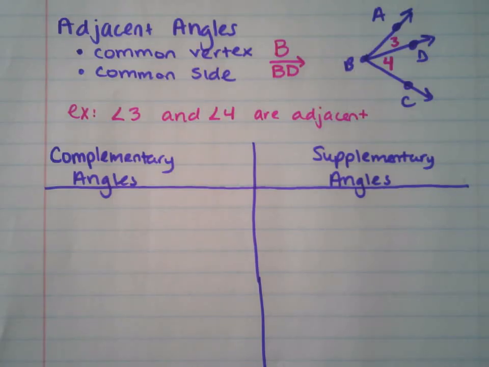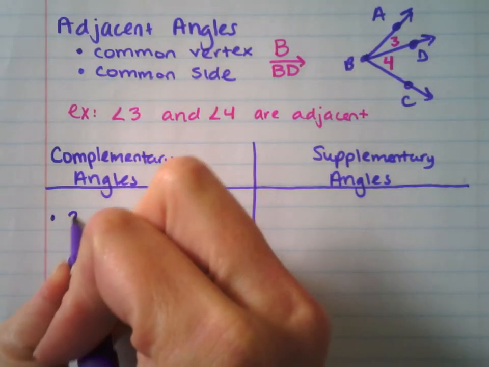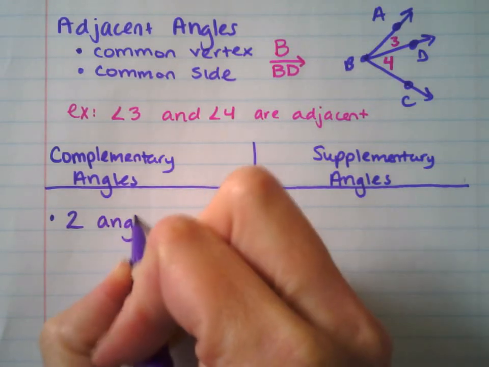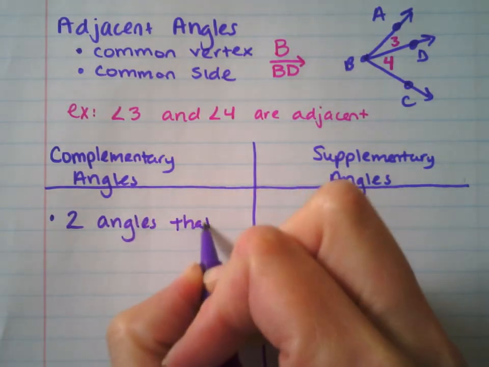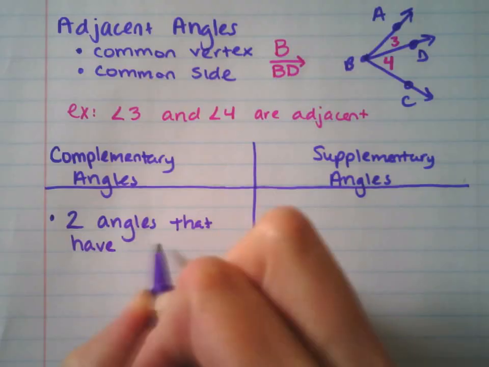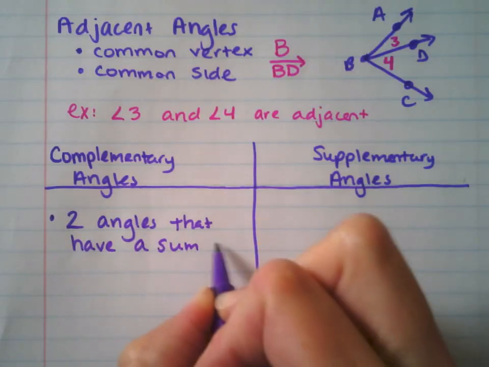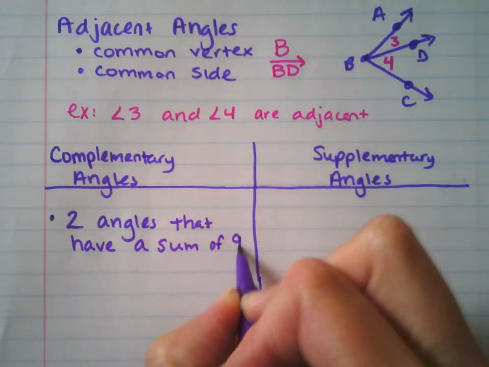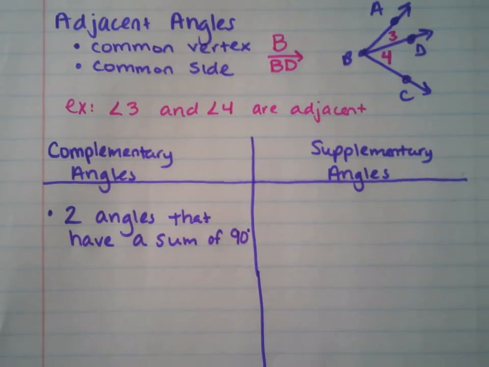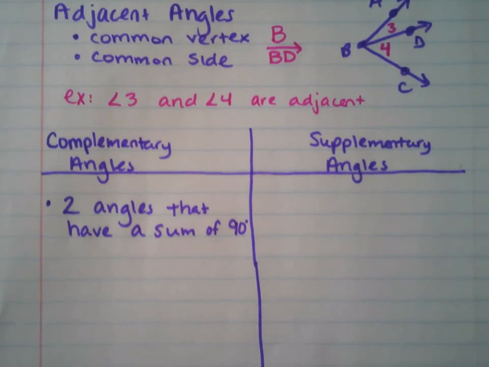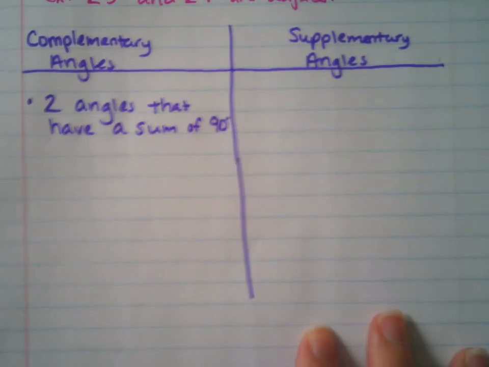So let's say that using some math terms, right? We're going to say 2 angles that have a sum of 90 degrees. 2 angles that have a sum of 90 degrees.